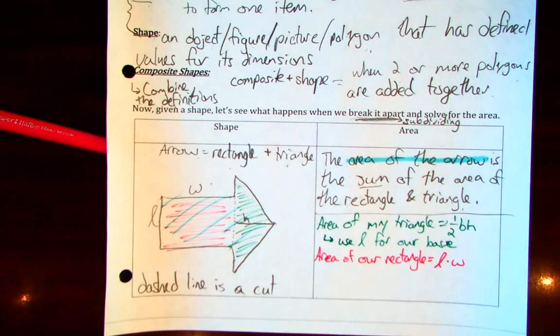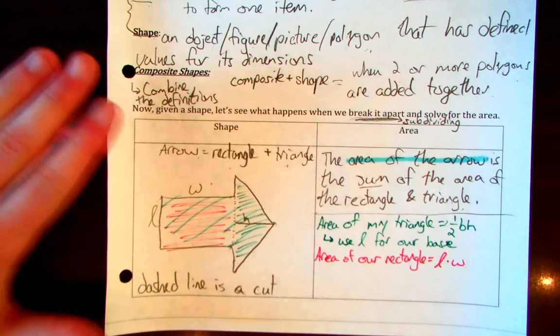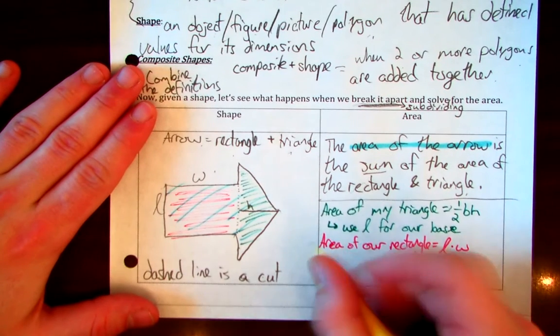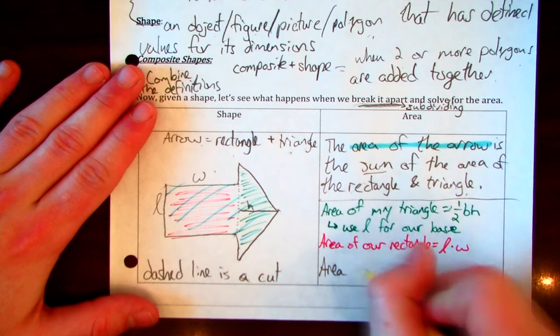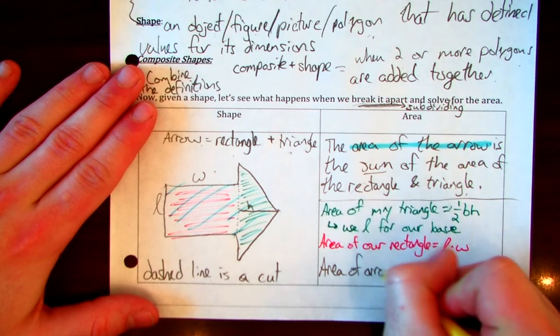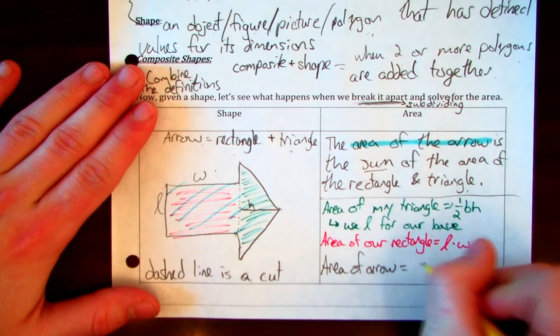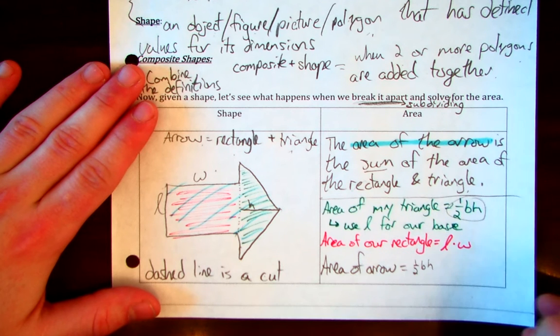So if we're talking about the area of the arrow, again, the area of the arrow would be something like this. Well, it would be 1/2 times the base times the height, which we have here.